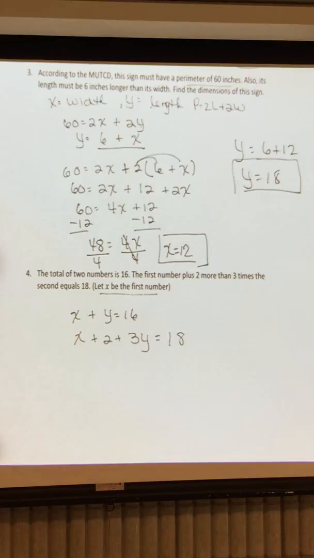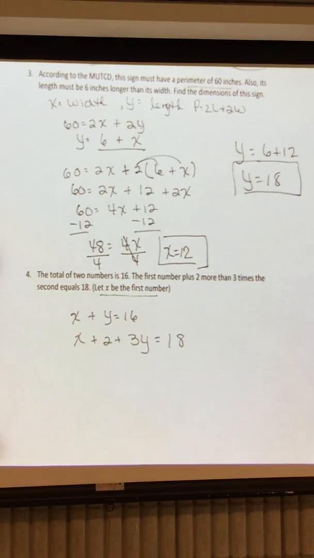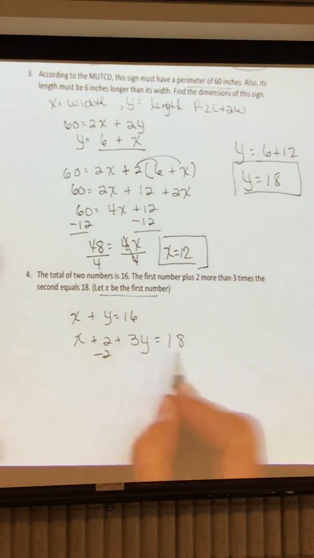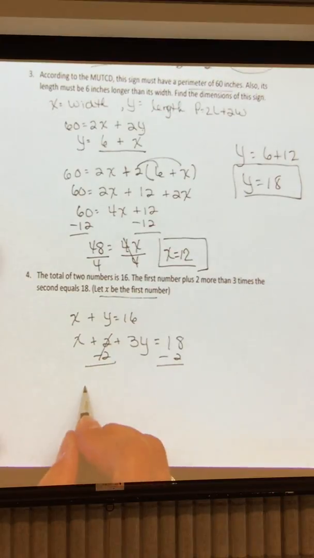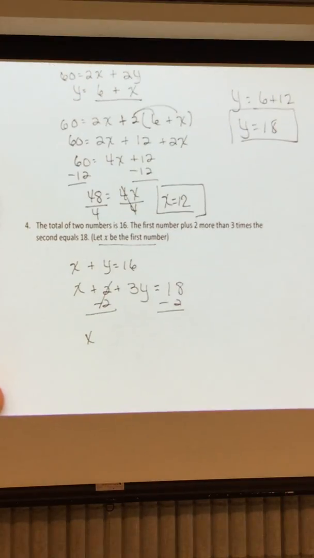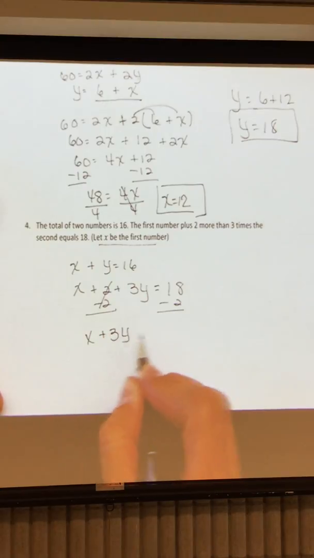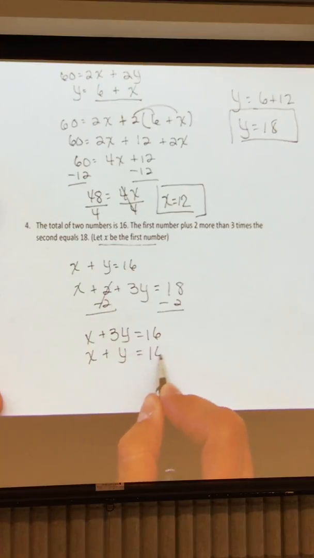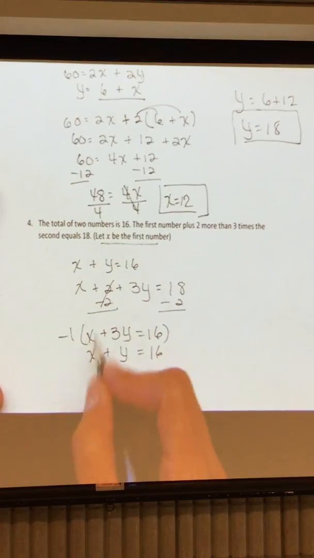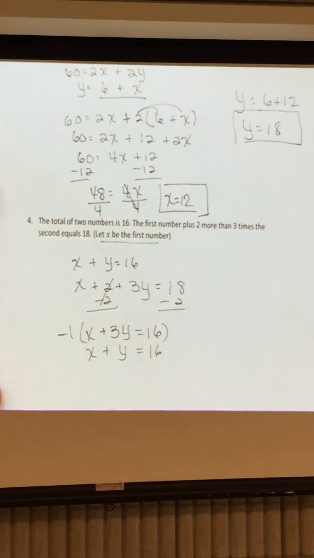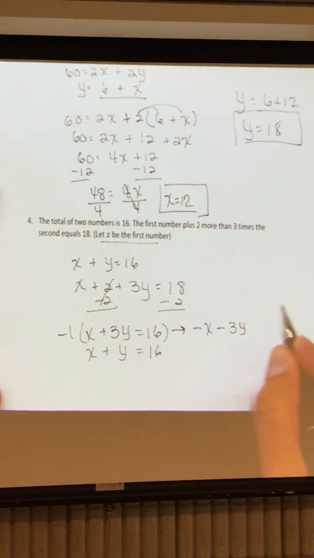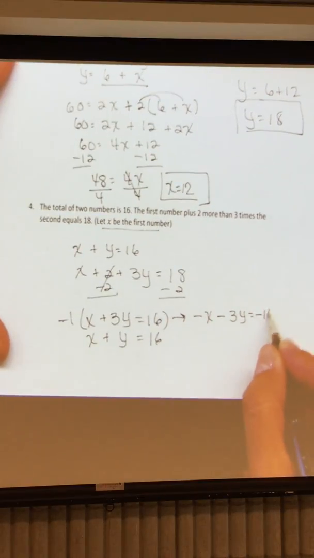So now let us combine like terms, and here we can subtract 2 from both sides. So we have x plus 3y is equal to 16. And now let's solve the system by elimination, which means I want to cancel the x's. To cancel the x's, I need to multiply the first equation by -1, which leaves me negative x minus 3y is equal to negative 16.